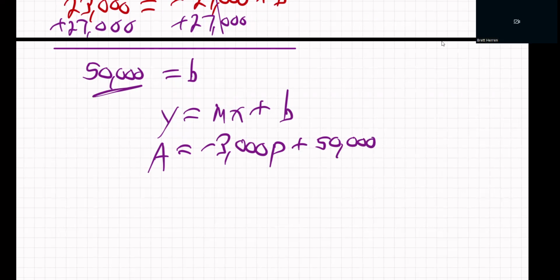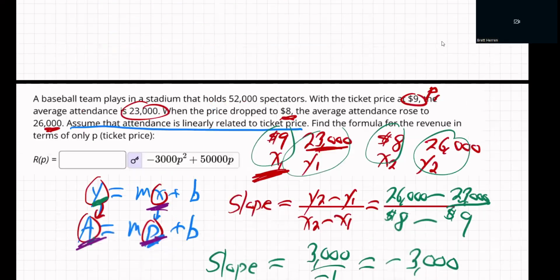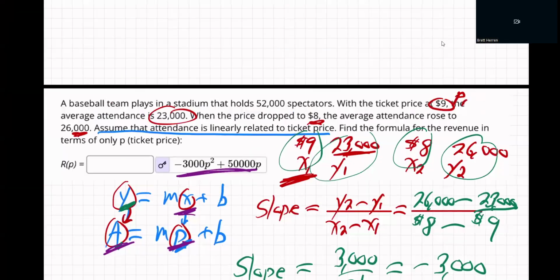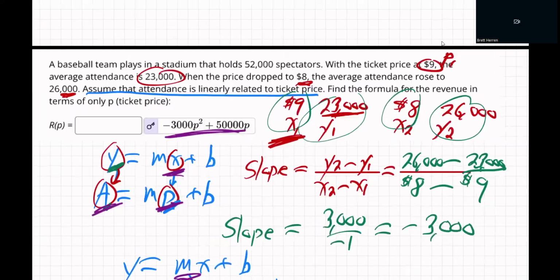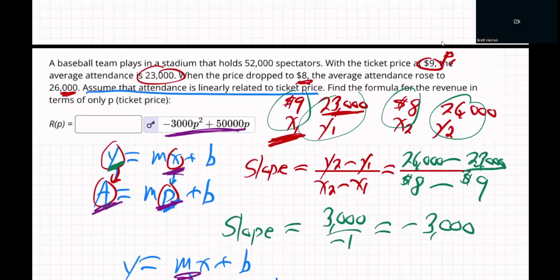So there's attendance. Now you might look up and go, okay, we got it. And you go, oh wait, that's not quite right. Where did they get the P squared from? Well, notice now we're almost there. We're one step away. They said find a formula for what? Find a formula for the revenue in terms of P, ticket price.